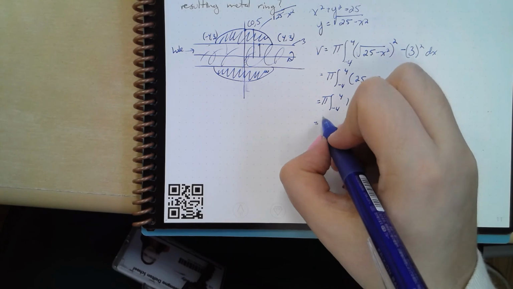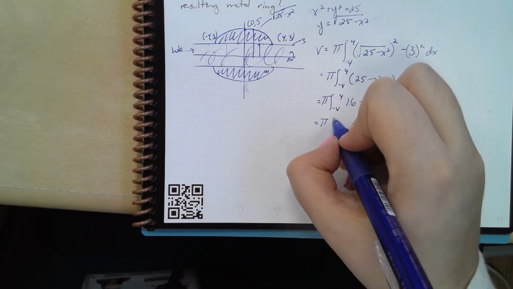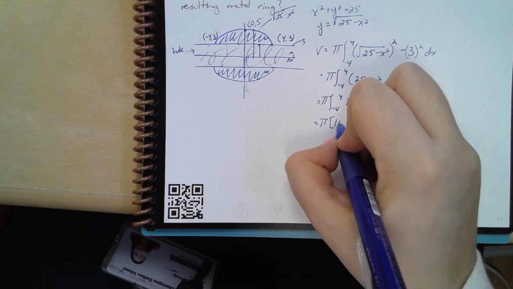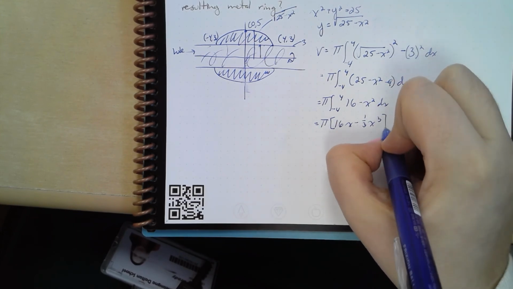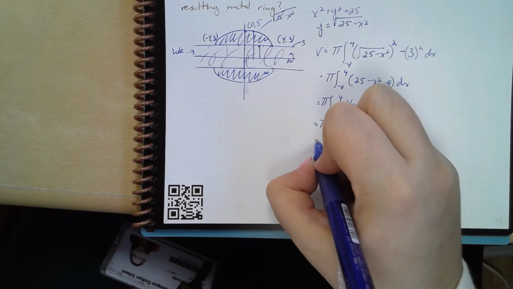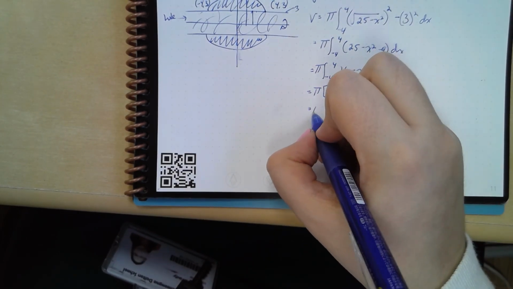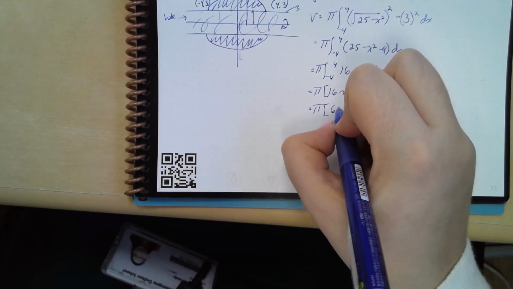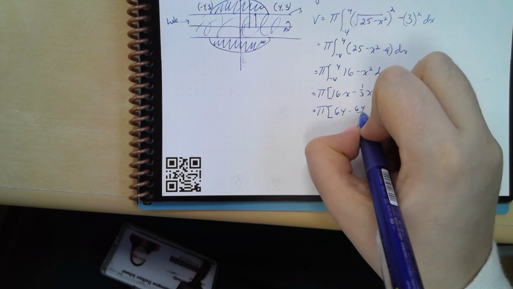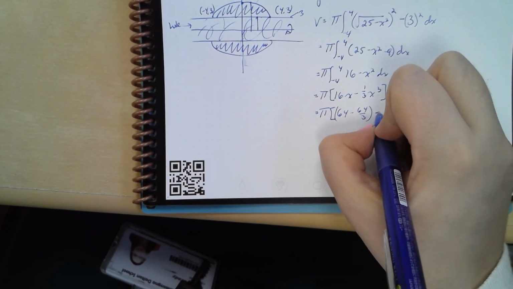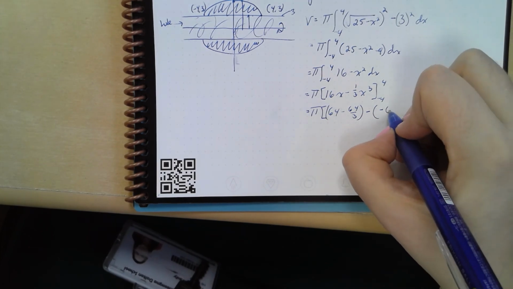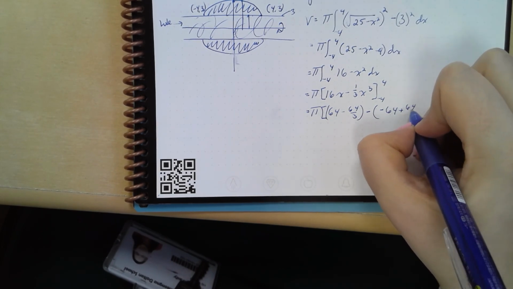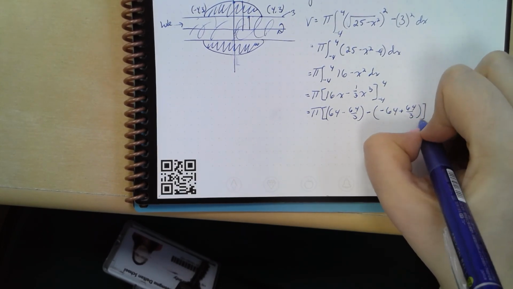Maybe I spoke too soon. Pi times 16x minus 1/3 x cubed from negative 4 to 4. So I get pi times 64 minus 64 thirds, minus a negative 64 plus 64 thirds.